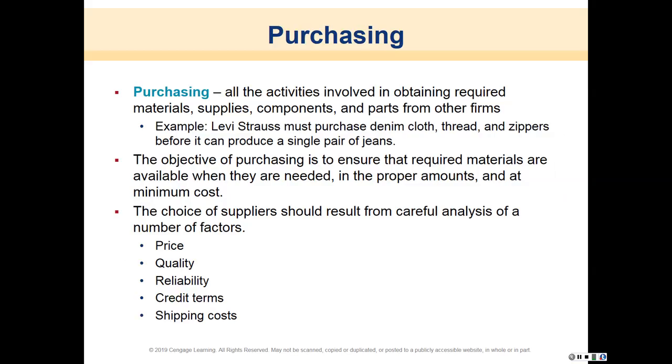One thing we need to do is purchase raw materials. In our case, we've got to purchase flour and sugar and eggs and milk and butter and whatever other item, like chocolate, that we need. We have to take into account different things.